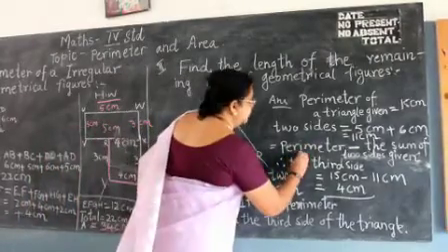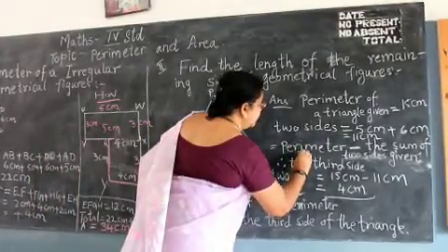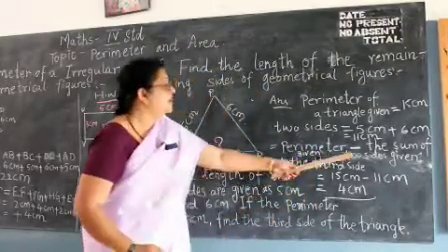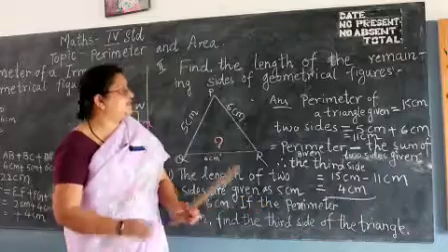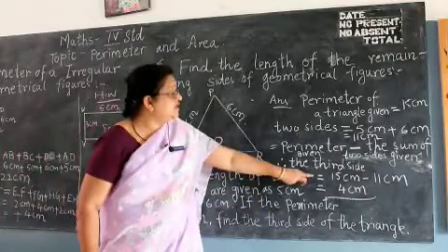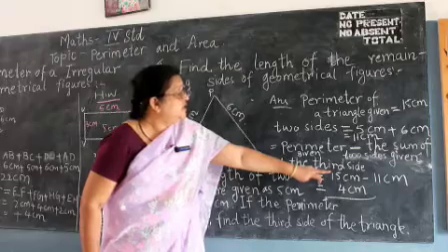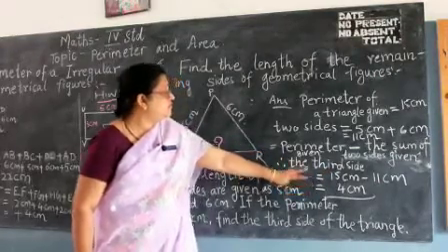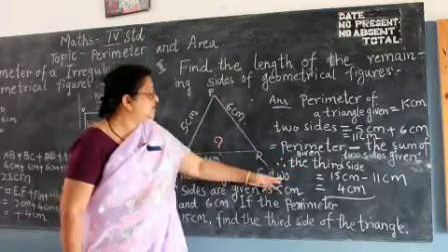Perimeter given, children, you have to do that. Please note, perimeter given minus the sum of two sides. That is the formula. So you know 15 centimeter is given minus the other two sides. When you add up, it is 11 centimeter, is equal to 4 centimeter. So you got the third side.